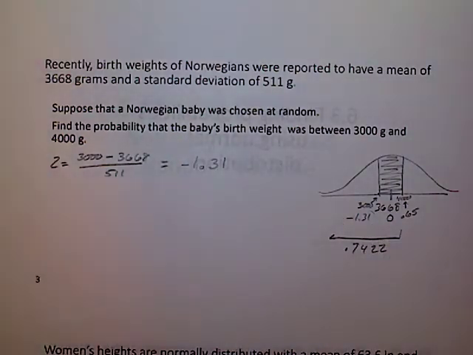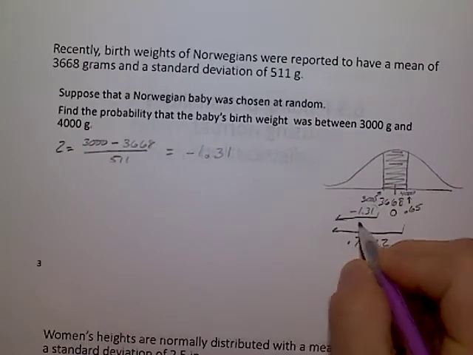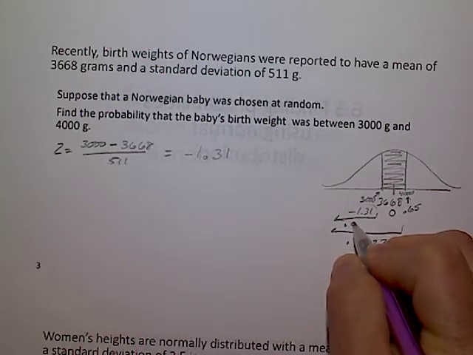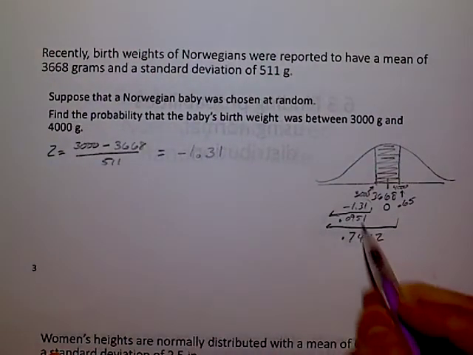Now let's go look up negative 1.31. Other side. Negative 1.31. So from here to the left is 0.0951. Do you remember what we do with these two amounts?